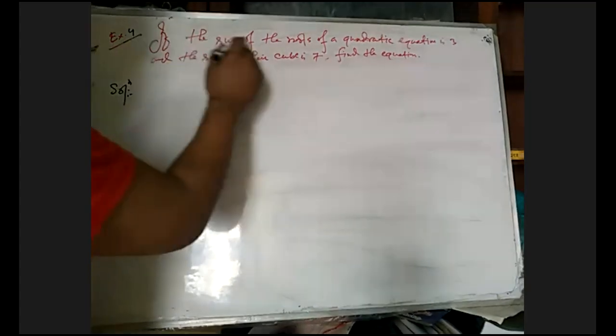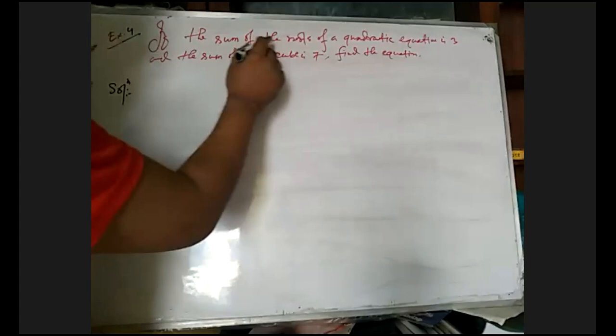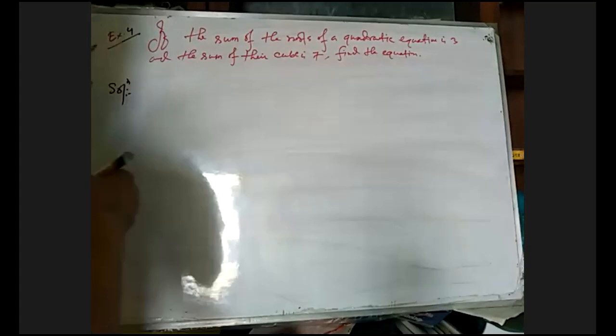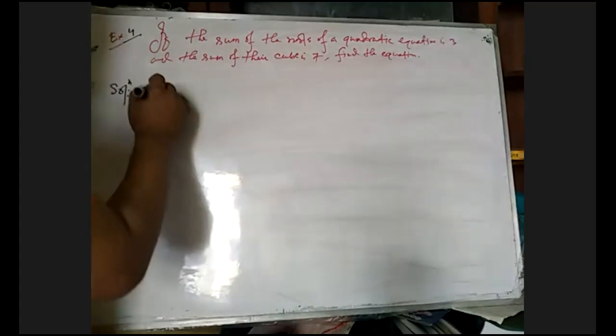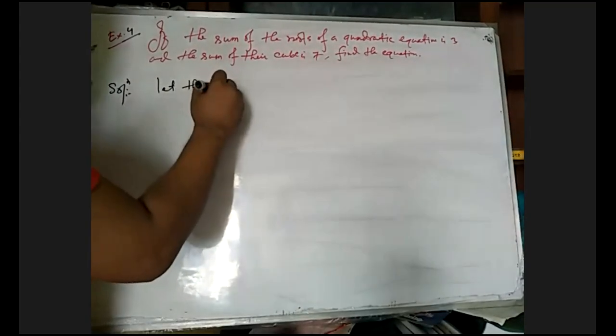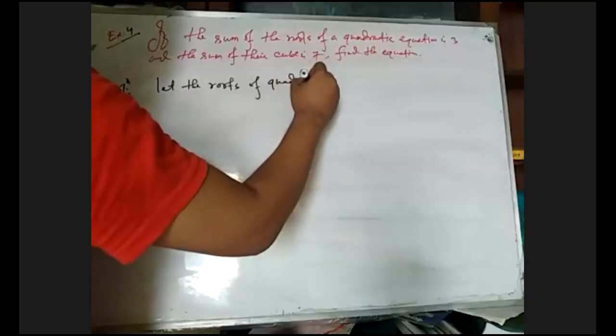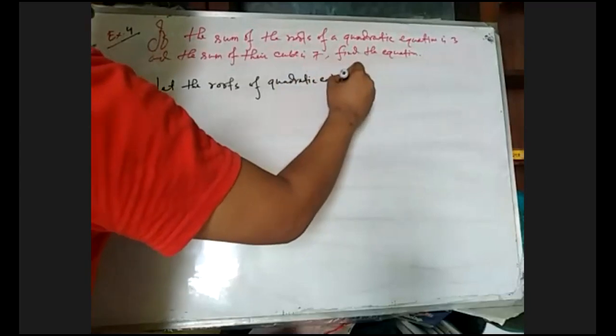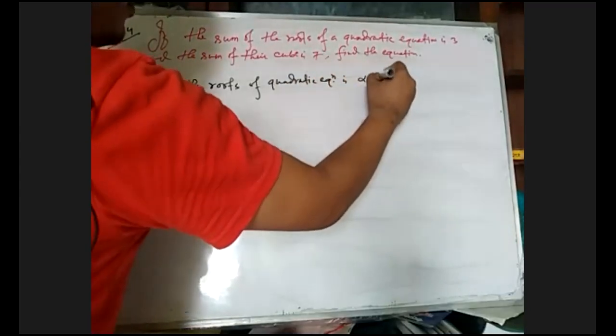If the sum of the roots of a quadratic equation is 3 and the sum of their cubes is 7, find the equation. Let us consider the roots of the quadratic equation are alpha and beta.